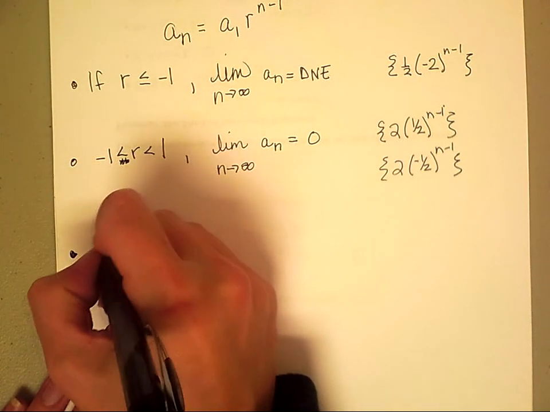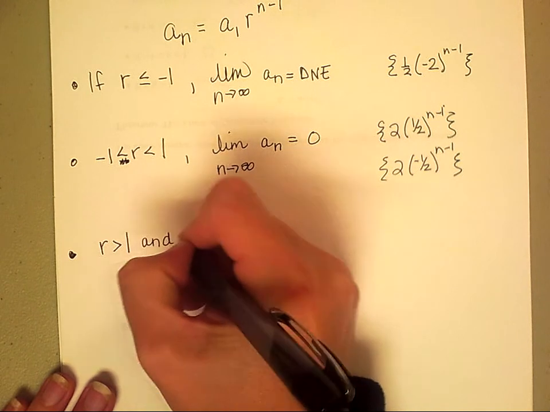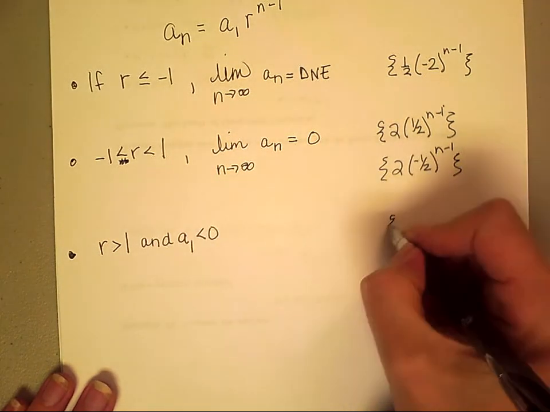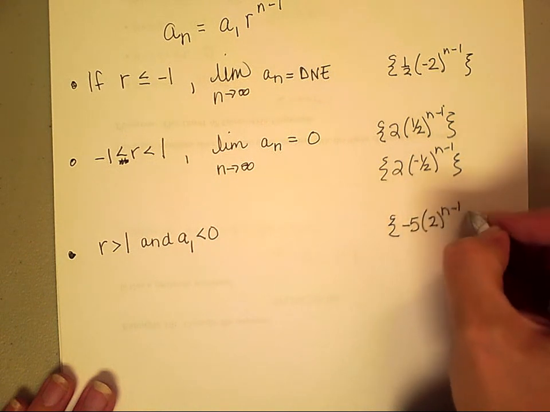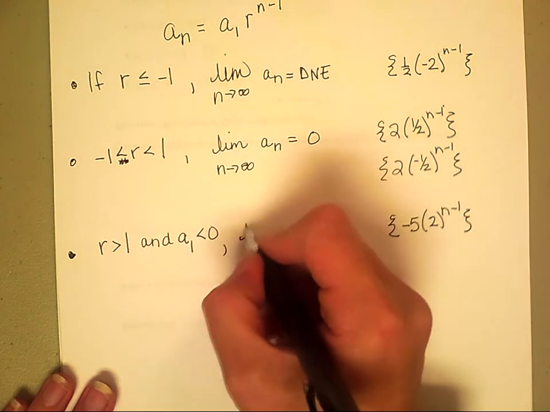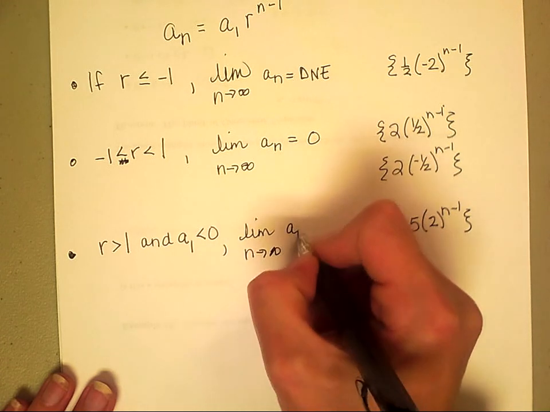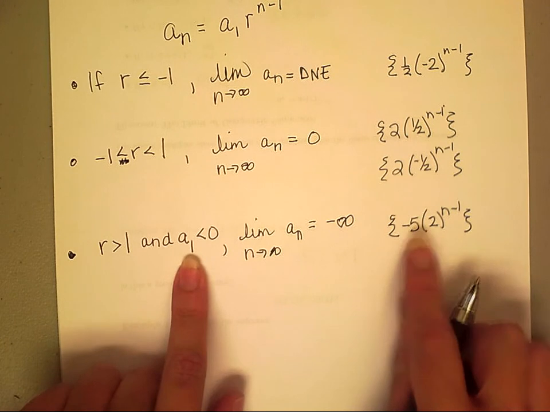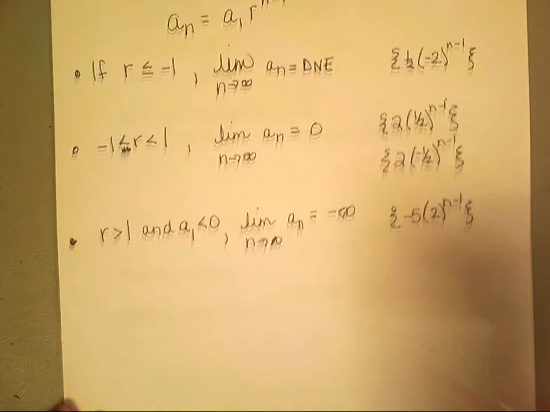Then we consider where r is greater than 1 but a sub 1 is negative. In that case, negative 5 times 2 to the n minus 1. What we said then was that the limit of these sequences will be negative infinity, because while this is increasing without bound, the negativeness of a sub 1 will force it to negative infinity.